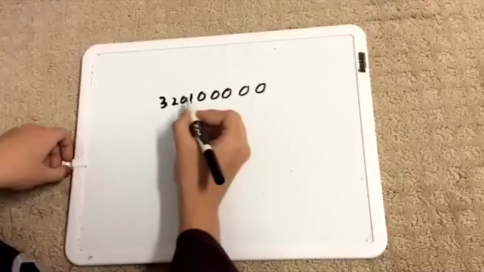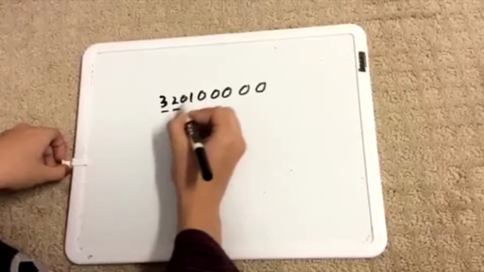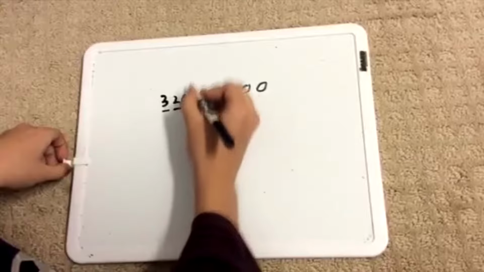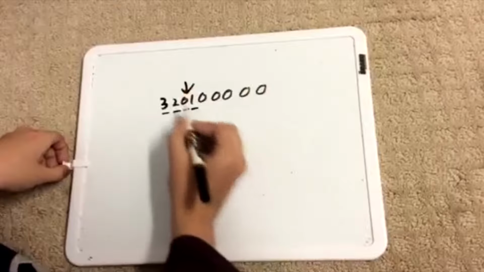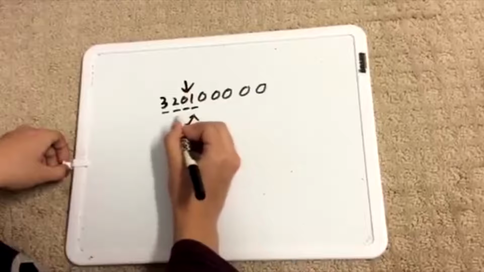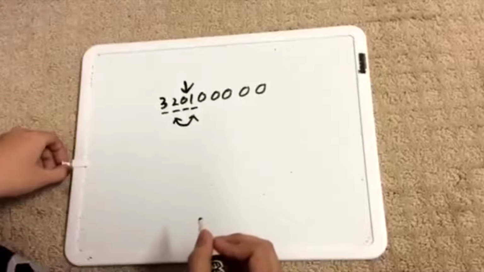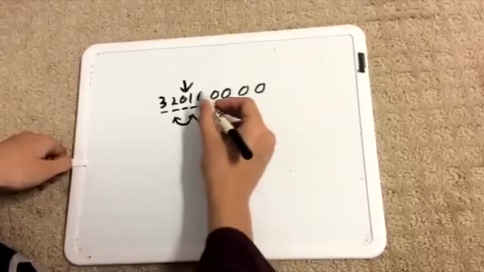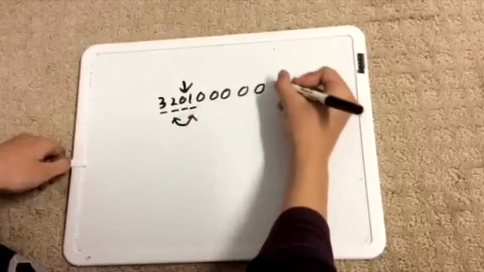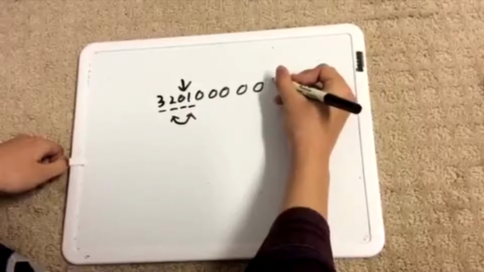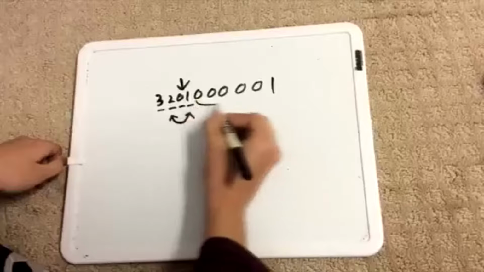There, the significant numbers would still be 3, 2, 0, 1, including this 0 right here because it is between these two non-zero numbers.